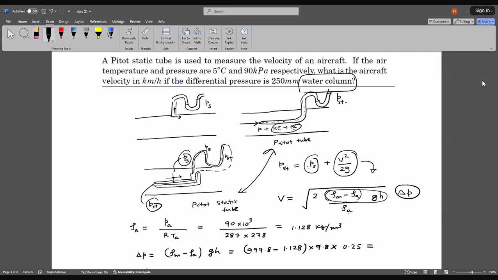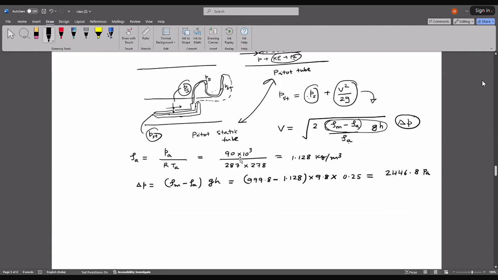So you can find the delta P across the manometer here to be 2446.8 Pascal. So you know this delta P, so your V is basically square root of 2 into delta P over rho.